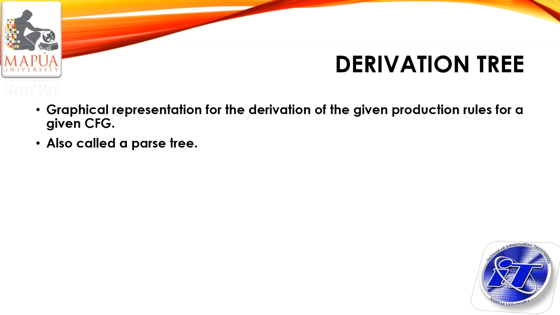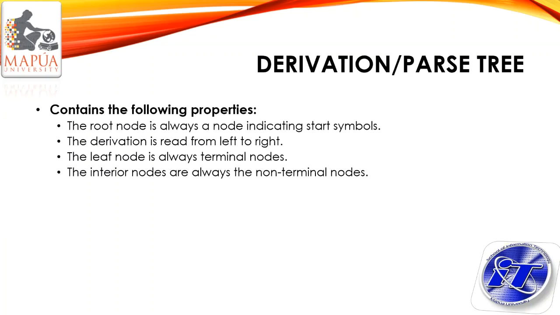So what are the properties of a derivation or parse tree? It should contain the following properties. The first is that the root node should represent the start node or the start symbol. The derivation should be read from left to right.